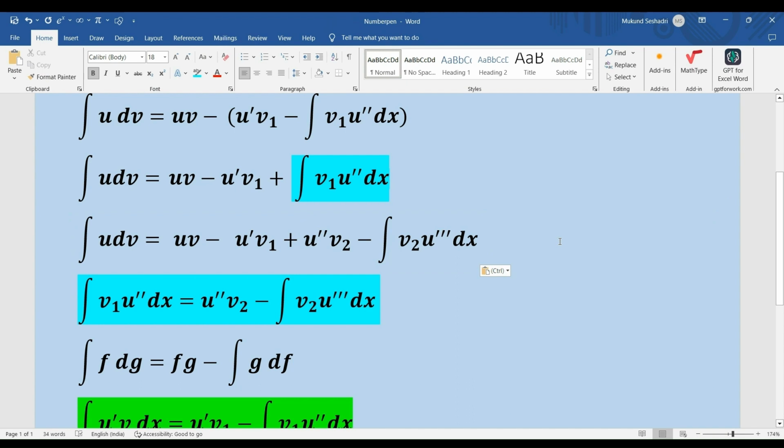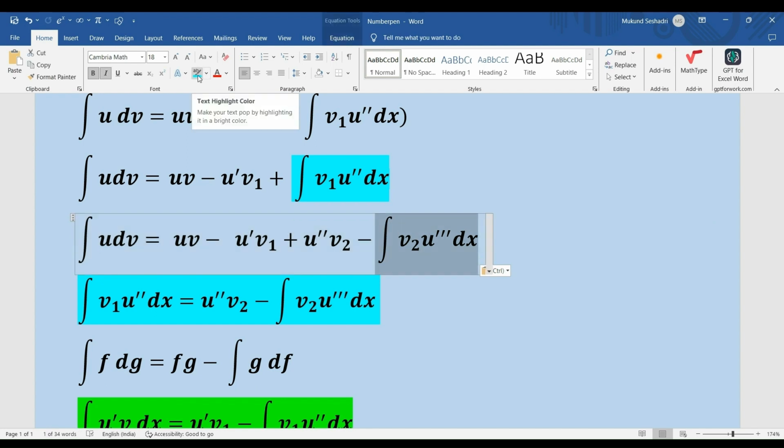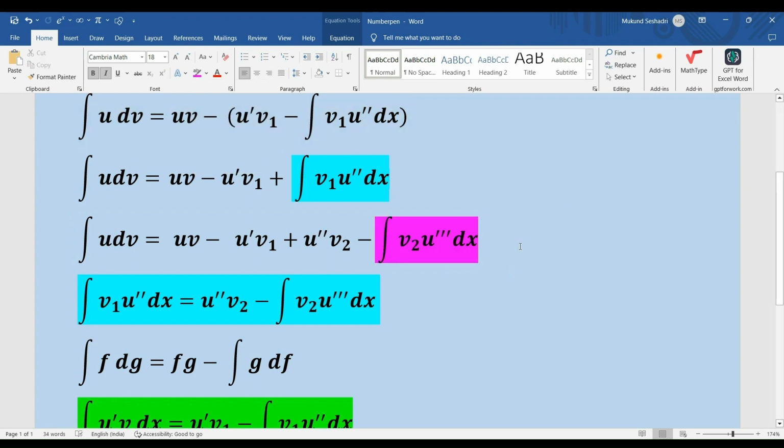So this is what we get. So this way I can go on expanding till this integral term, let me highlight it in a different color, say pink, becomes 0, right?